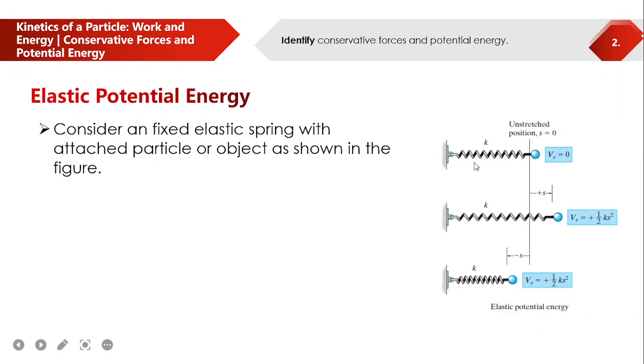Ito yung spring mo, unstretched position, ito yung elongate and compressed. So, yung positive s and negative s kasi nga sa datum line natin, sa unstretched position natin is, ayun, lumiit. Tapos sa elongation naman is humaba.